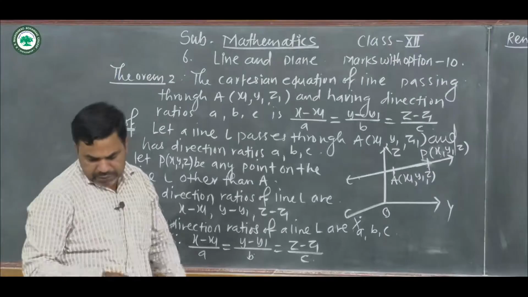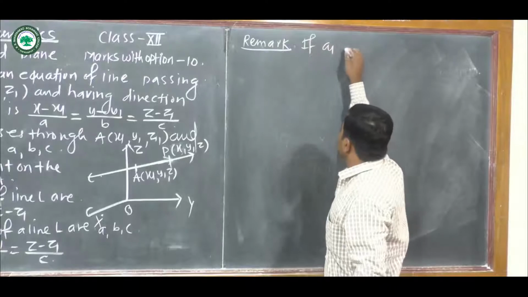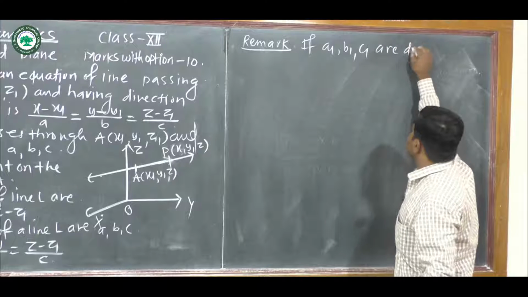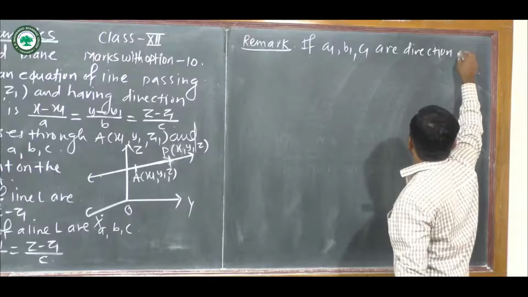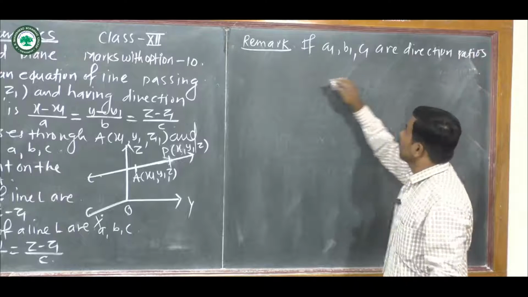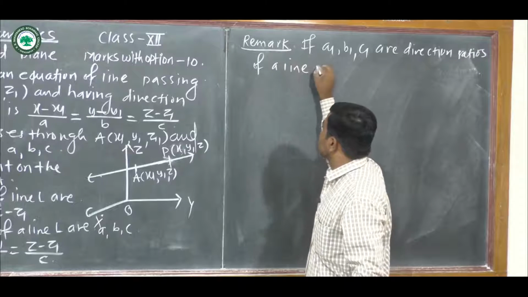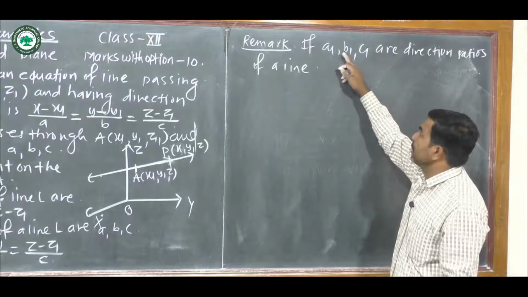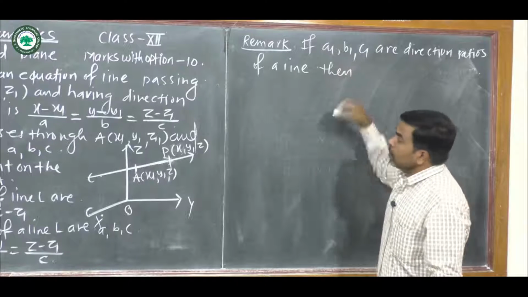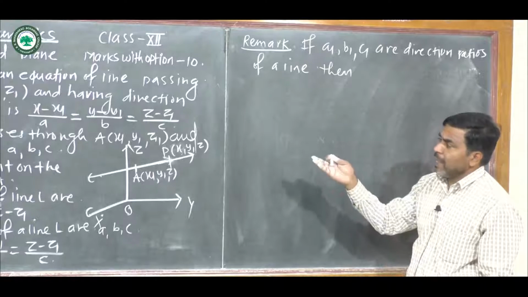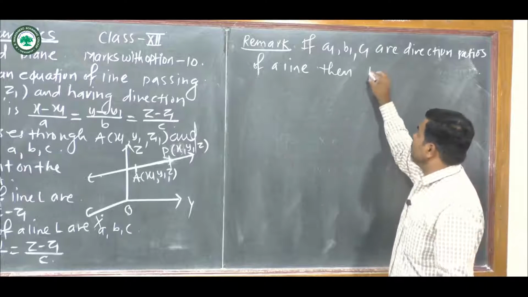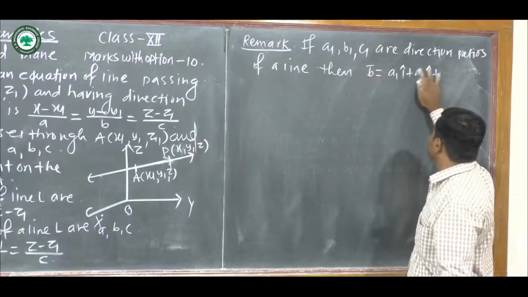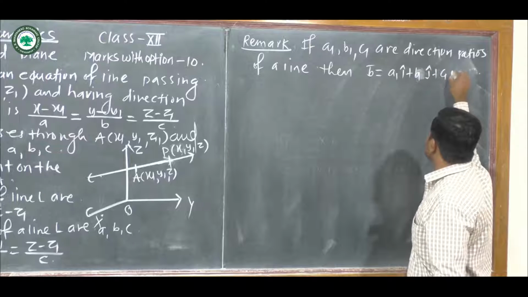Now we see the remarks. If A1, B1, C1 are direction ratios of a line, if in the Cartesian form direction ratios of a line are given, that are A1, B1, C1, then we know that the vector which is parallel to this line in vector form, that is b bar, is equal to A1 i cap plus B1 j cap plus C1 k cap.